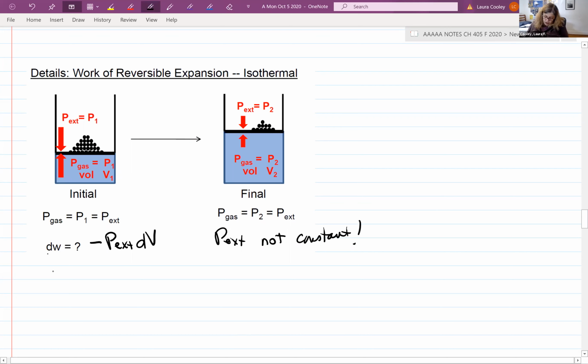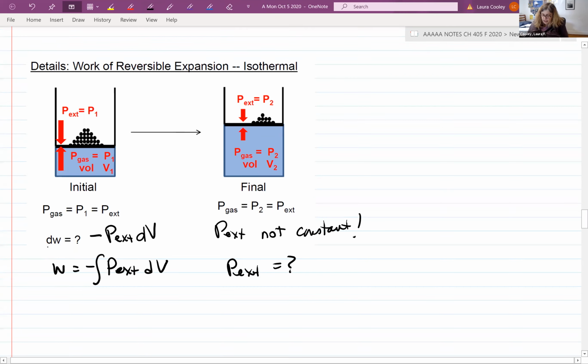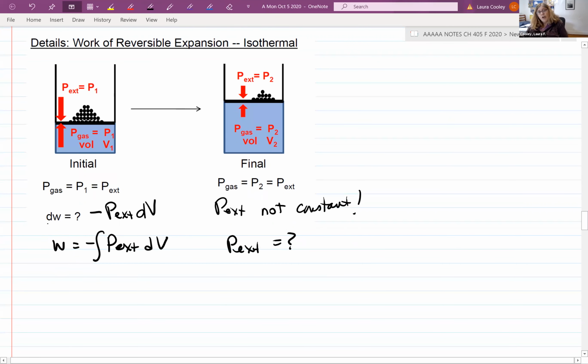So the work is going to be the integral of this. But now we have to think about P external. What do we know about it? We know that at every point in the expansion, it basically equals the gas pressure.